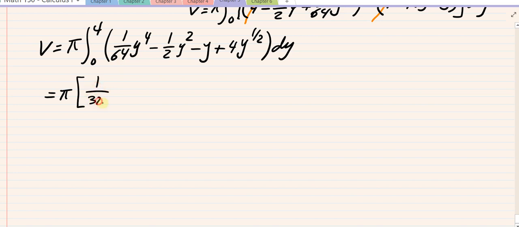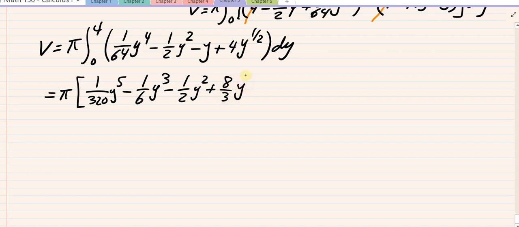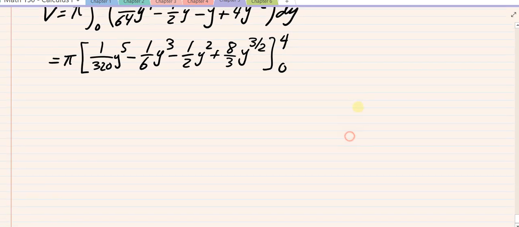So that's 1 over 320 y to the 5th. Then the next one is going to be y cubed over 3, so 1/6 y cubed, -1/2 y squared, plus y to the half plus 1 makes 3 halves. Flip 3 halves, you get 2/3. That's an 8/3 coefficient, y to the 3 halves. And then the integral runs from 0 to 4.